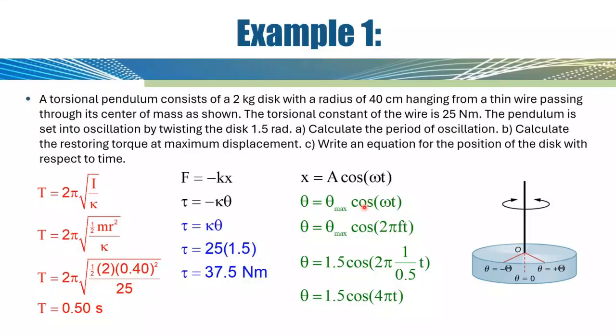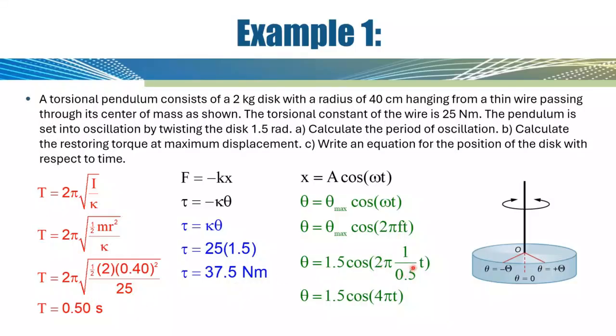And I picked cosine because I set this into oscillation by twisting it off to the side, so I was at a maximum amplitude there. And then I took my omega and I broke it down into 2 pi f. So now when I plug in my values, my maximum displacement is 1.5 radians, 2 pi, and frequency is 1 over period. So that's where I got this from, 1 over 0.5.